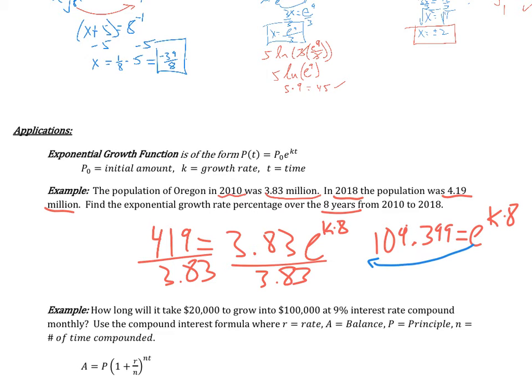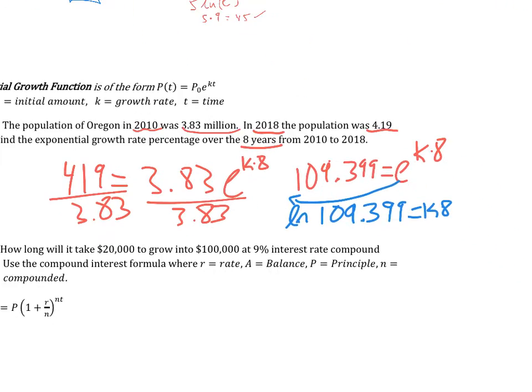Swing that base around, and we get the natural log of 109.399 equals k times 8. We'll divide by 8 to finish that off, and punch that into our calculator: the natural log of 109.399, making sure to close the parentheses.